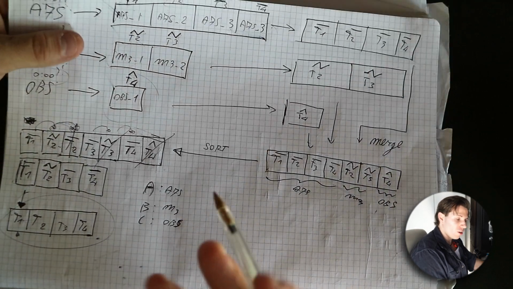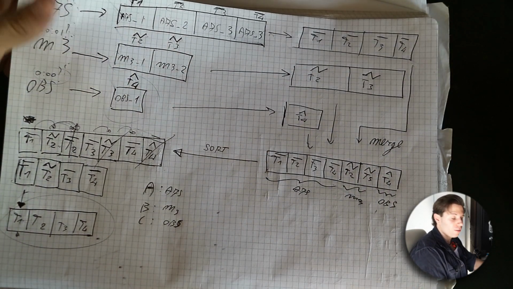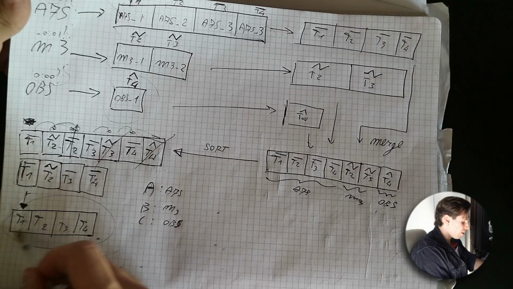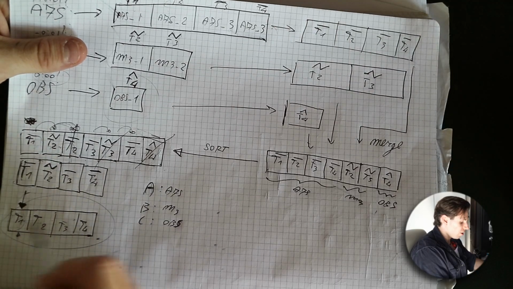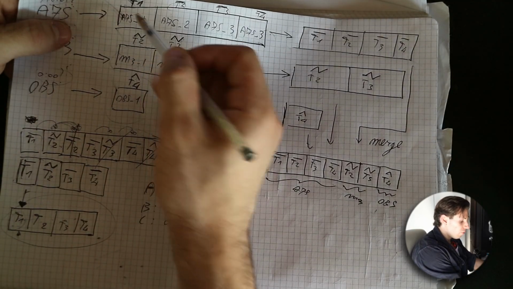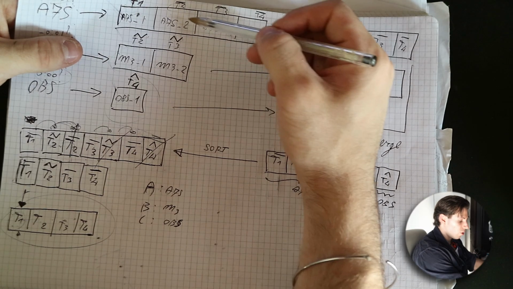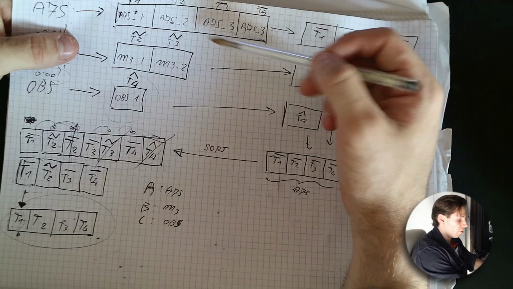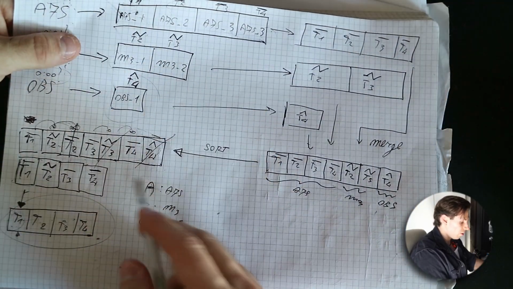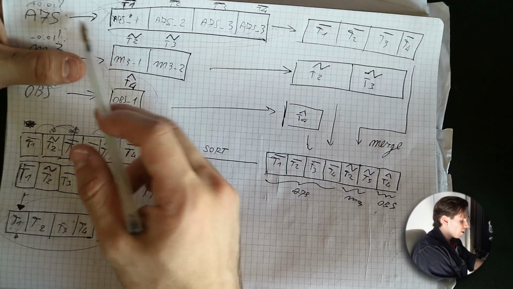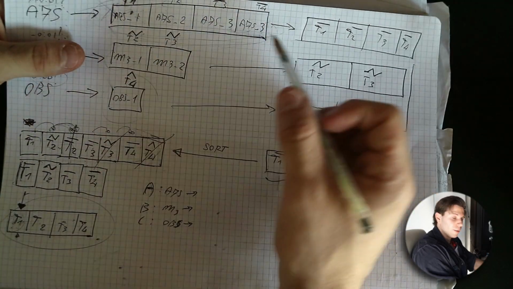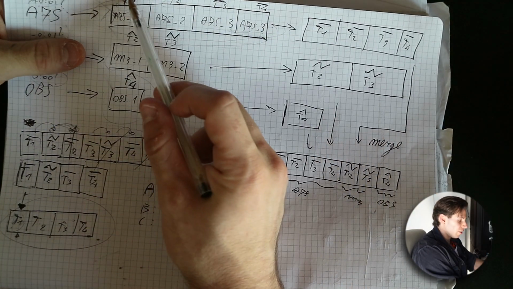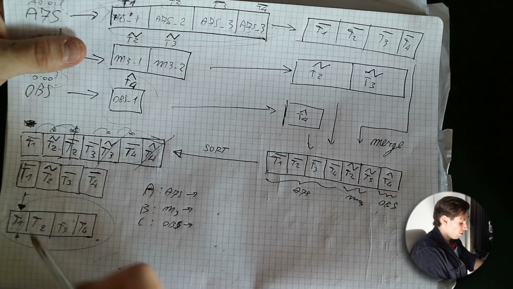The core of the final algorithm is to check per each timestamp if it is similar to an item of the first clip. So for example, T1, does the A7S clip list contain something similar to T1?